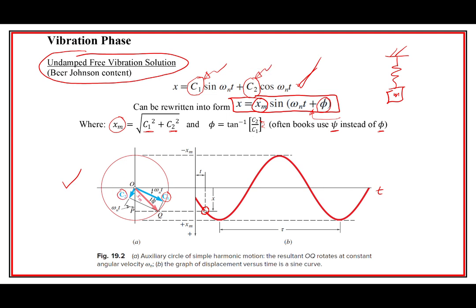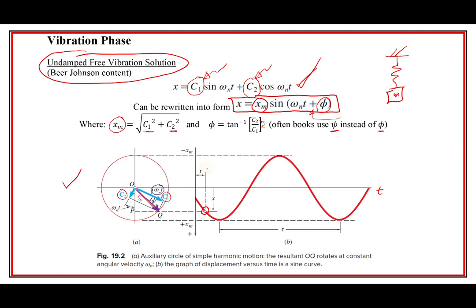So what we're really getting at, and let me switch colors, is this vector is what we're describing. And okay, so we rotated in this amount of angle right here.